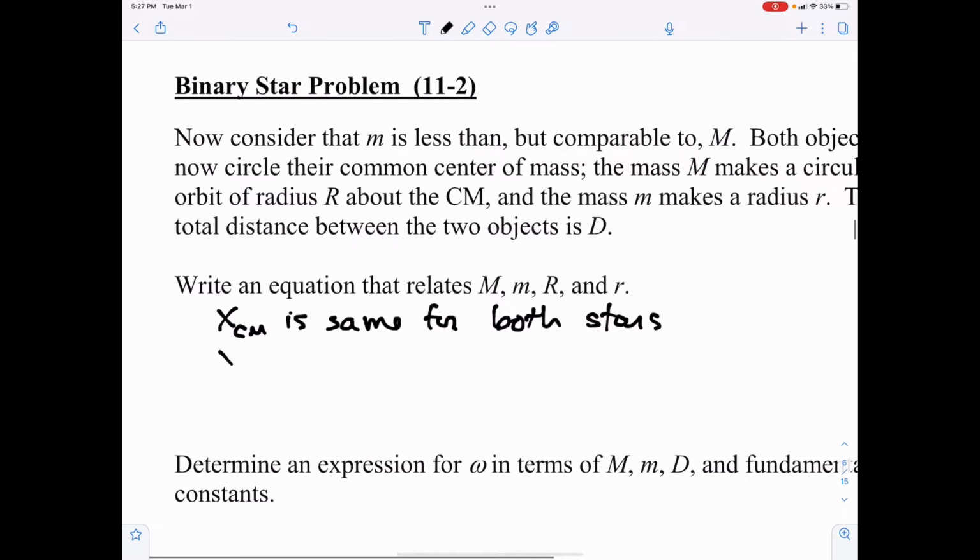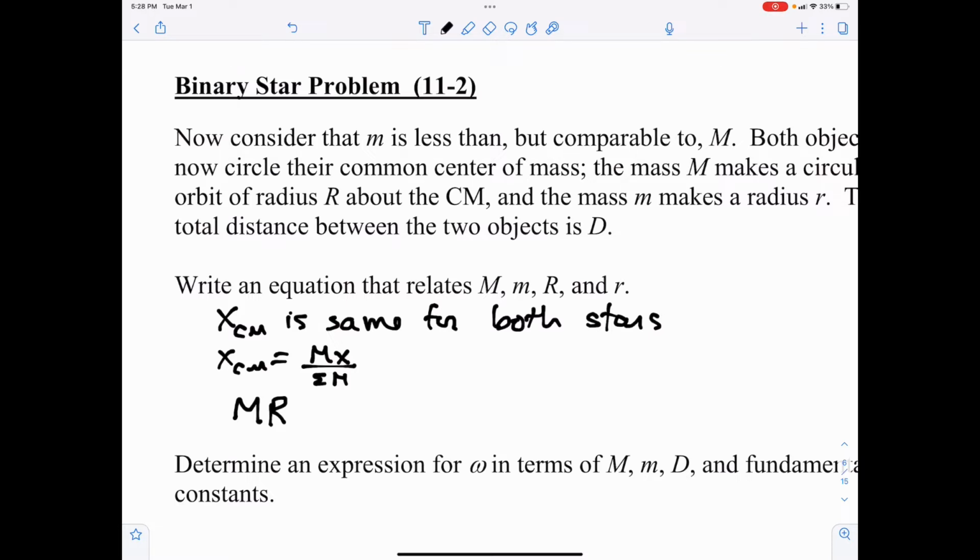Center of mass is equal to mass times distance over the sum of your masses. So if we looked at that, we would get the fact that we have mass big M times big R. That's the center of mass for the bigger one.